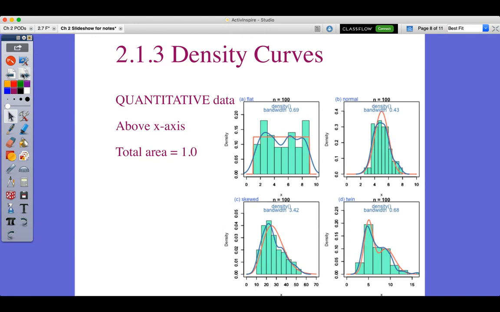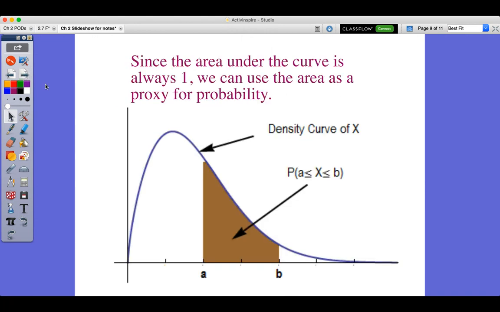And why might that be important, you might ask? Well, since the area under the curve is 1, we can use the area as a proxy for probability. We can calculate the area under the curve, especially using calculus and integration. If you have an equation for the curve, you could integrate, but we also have tables and calculators that can do it for us.